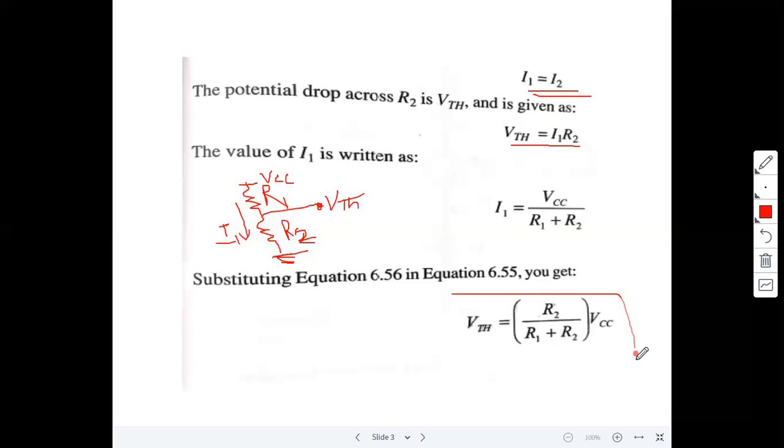So V Thevenin is equal to VCC times R2 by R1 plus R2.